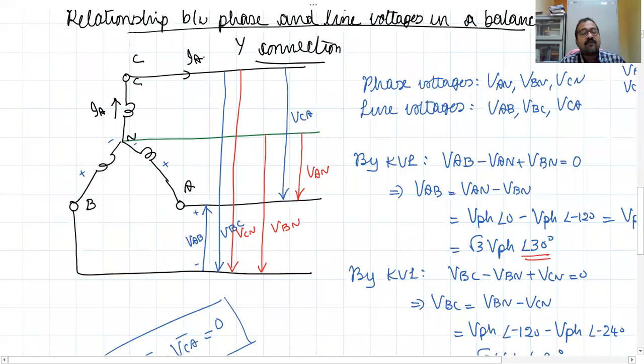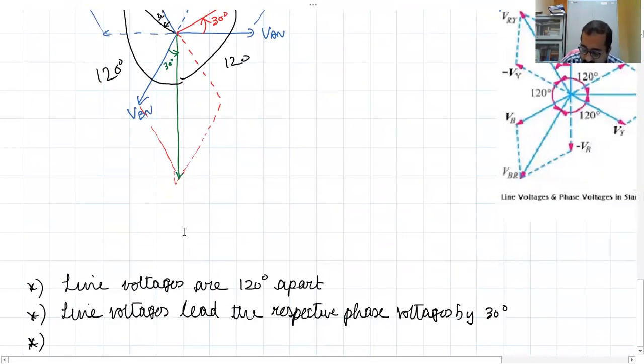So in a star connection, line current and phase current are the same. I line is equal to IPH, whereas V line is equal to √3 times VPH in magnitude.